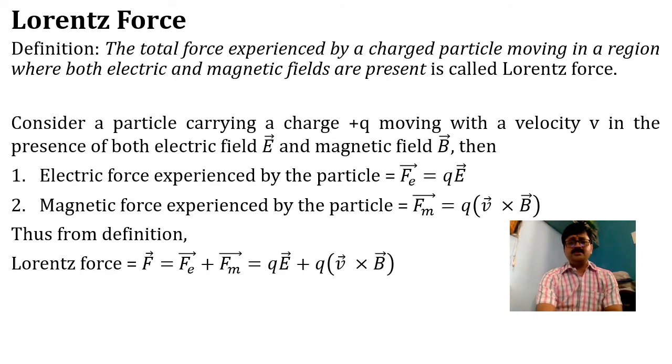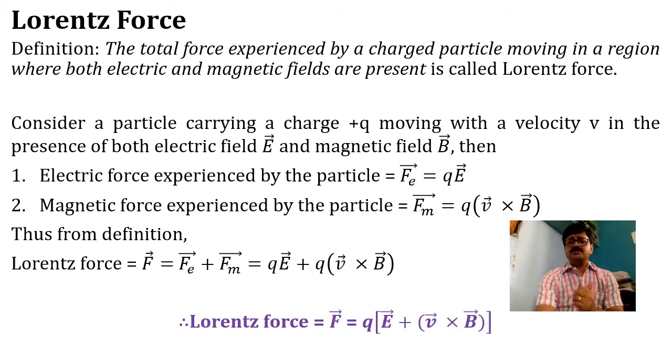So we obtain the equation Q into E plus Q into vector V cross vector B. Finally, I can write the Lorentz force, vector F, is equal to Q into bracket vector E plus vector V cross vector B.